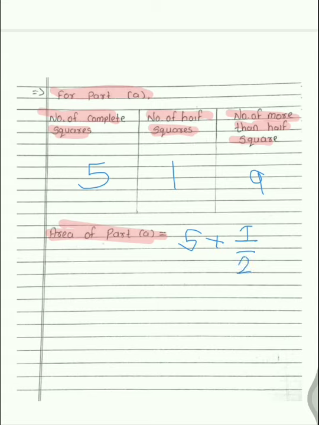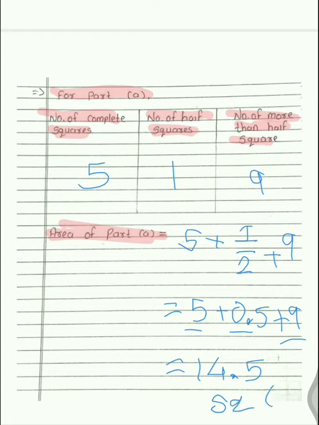So we will write over here 2 plus 9 is equal to 5 plus, okay, 1 upon 2 means we will write 0.5. 1 upon 2 means half and 0.5 also means half, plus 9 is equal to 5 plus 9, 14. 14 plus 0.5, 14.5 square centimeter. It is necessary to write the unit. Clear? We will do the same for part B.